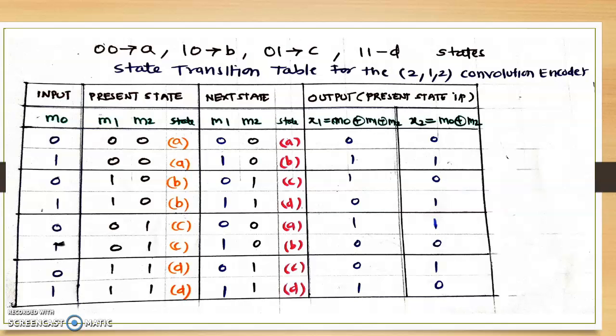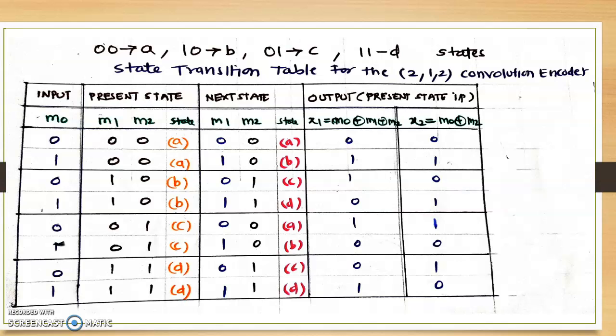X2 is the same case because M0 and M2 are 0. Now if I go for M0 equal to 1, then x1 is equal to 1 0 0, which is equal to 1. X2 is equal to 1 and 0, which is again equal to 1. In this way I will calculate all the other remaining x1 and x2 outputs, considering the M0, M1, M2 inputs along with their equations.